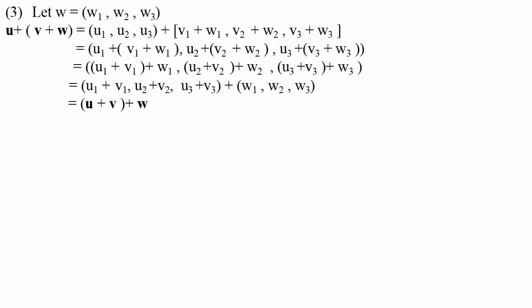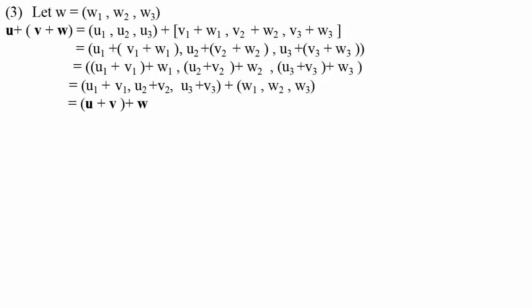Let us see u plus (v plus w). This becomes (u1, u2, u3) plus (v1 plus w1, v2 plus w2, v3 plus w3), which is equal to, we shall add again corresponding components, (u1 plus (v1 plus w1), u2 plus (v2 plus w2), u3 plus (v3 plus w3)).